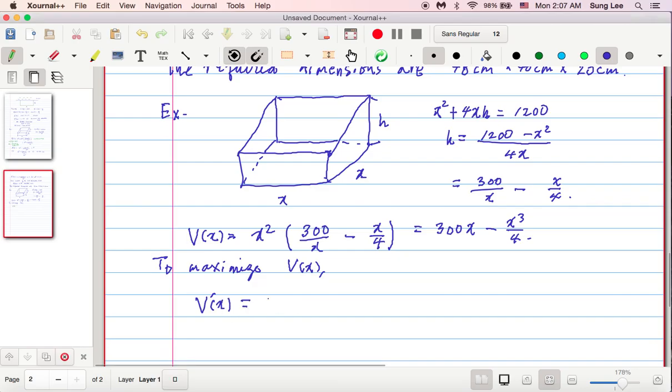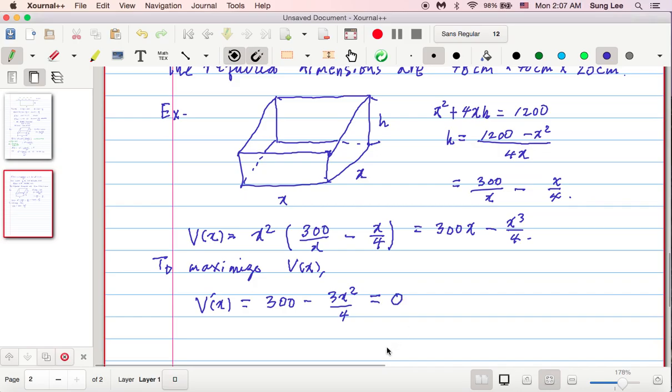That's going to be 300 minus 3x squared over 4. So we are going to set this equal to 0.